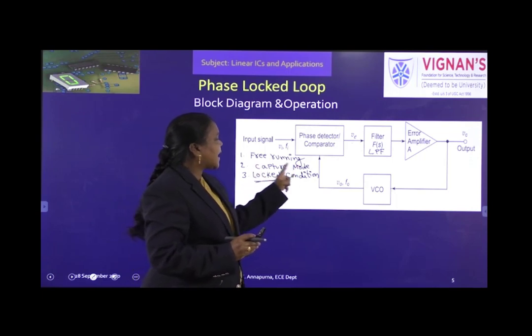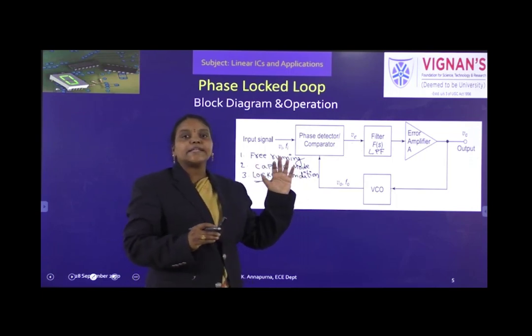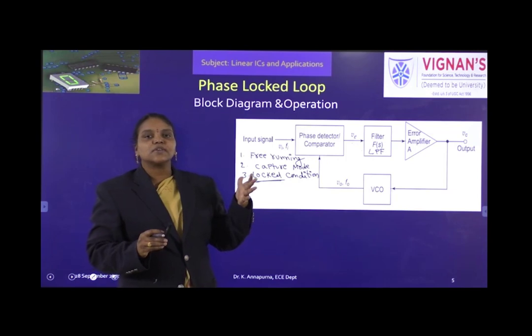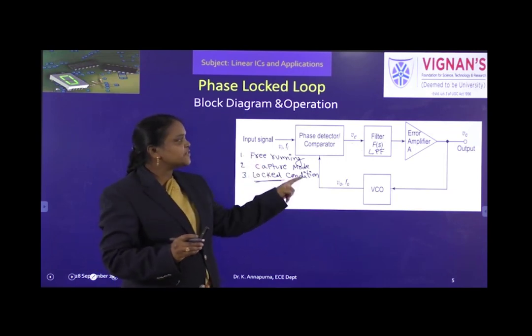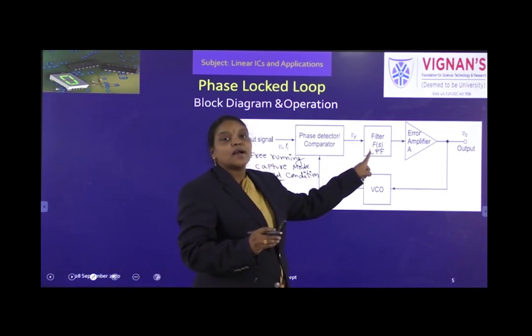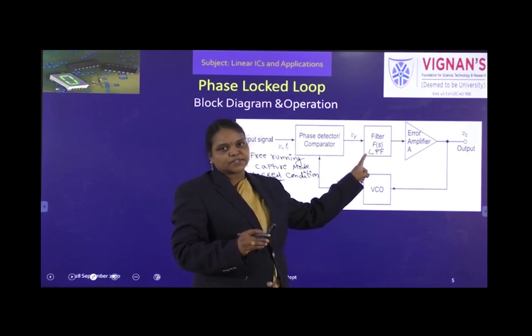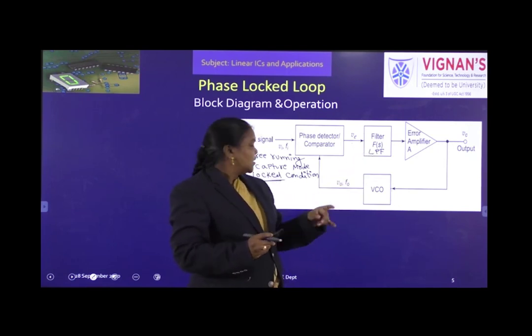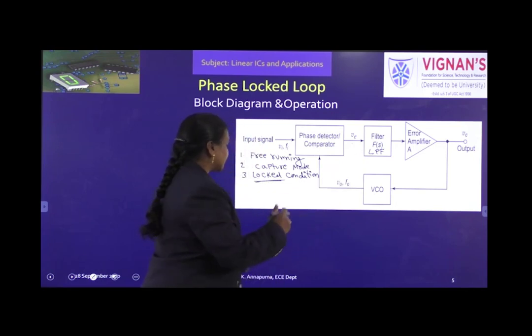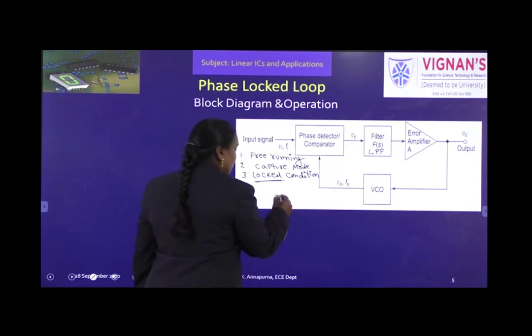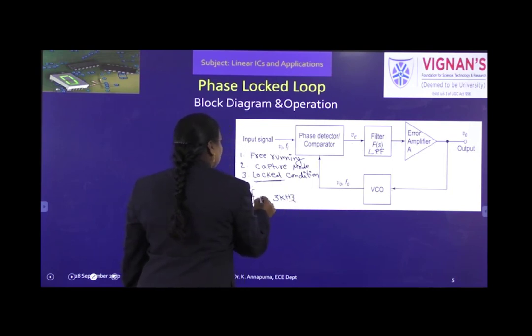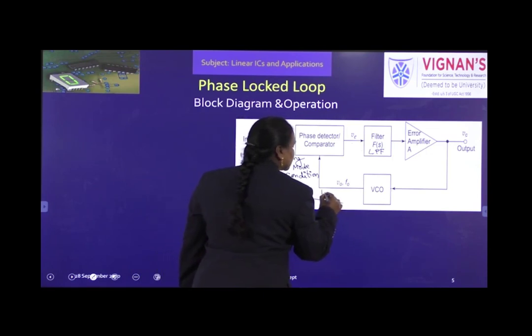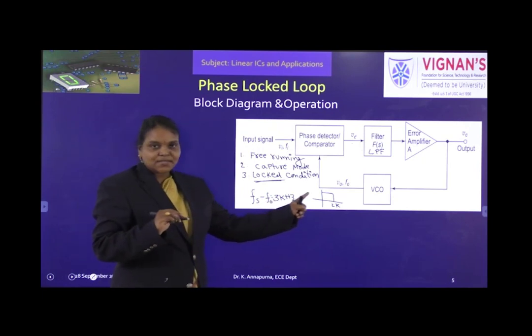And here, capture mode, that is, the capturing action starts only when this difference frequency is less than the cutoff frequency of this low pass filter, right? If that difference frequency is 3 kilohertz, and the cutoff frequency of your low pass filter is 2 kilohertz, then will it pass this signal?